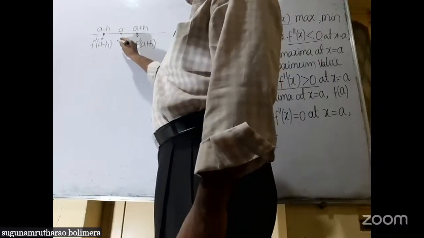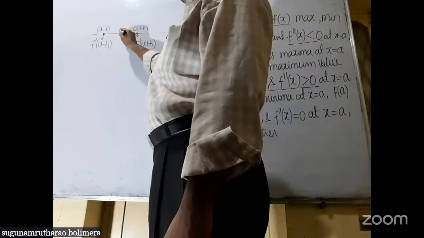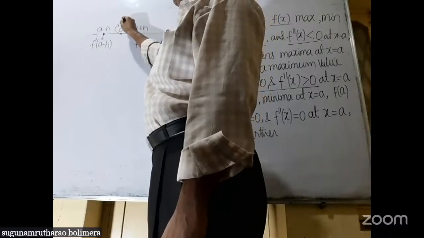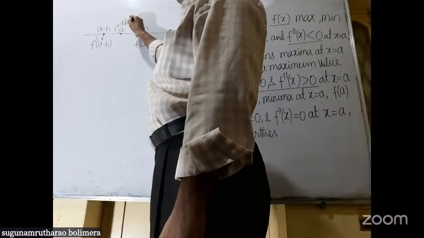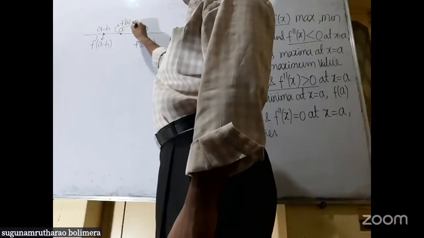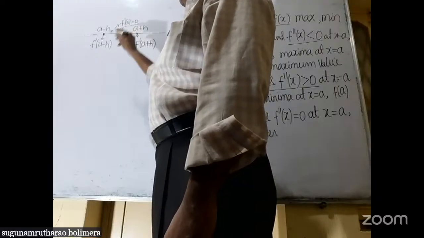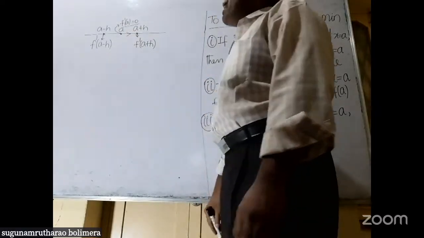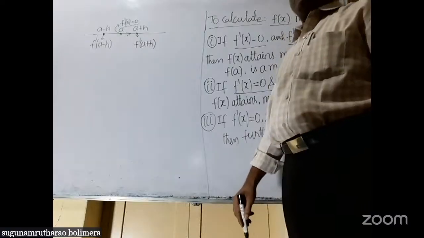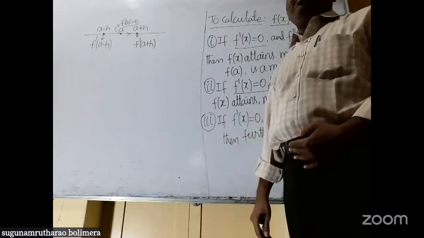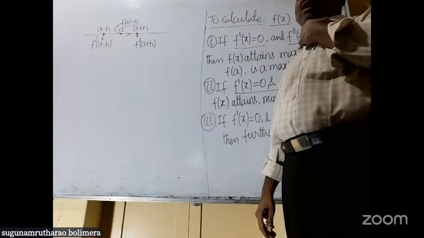Already f dash of a is 0. From left to right in this direction, how the sign of f dash of x is changing, that you have to verify.